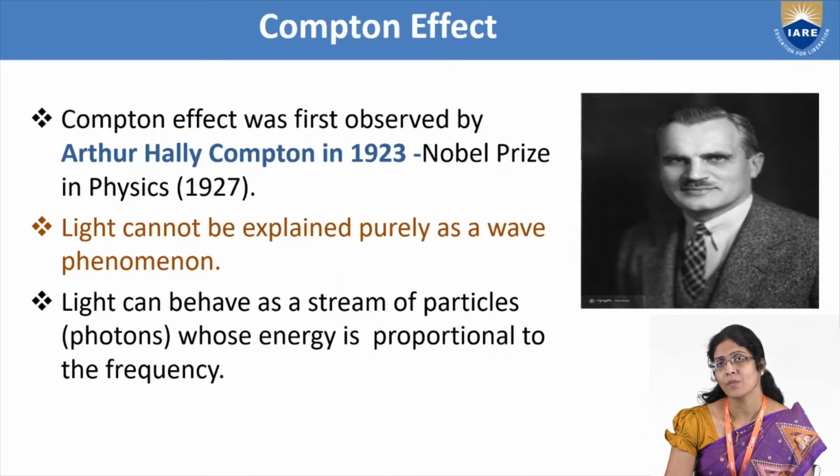He was able to convince the scientific community that light can behave as a stream of particles named photons, whose energy is proportional to the frequency. He gave the relationship between energy and frequency.